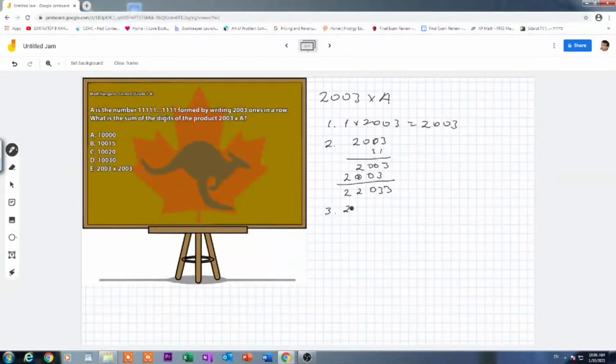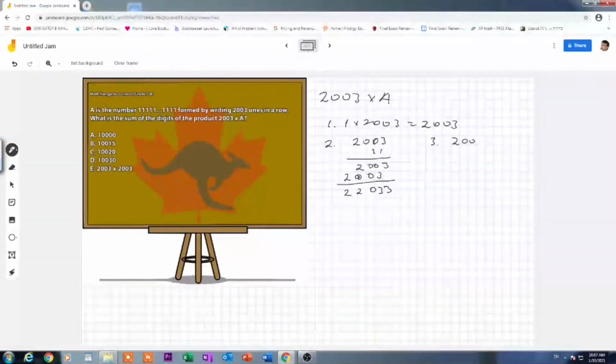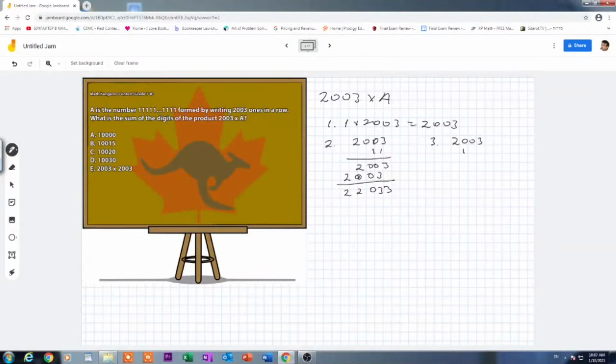I'm gonna write it here. 2003 times 111. So we have 3, 2. So it looks like we're forming pattern here, right?